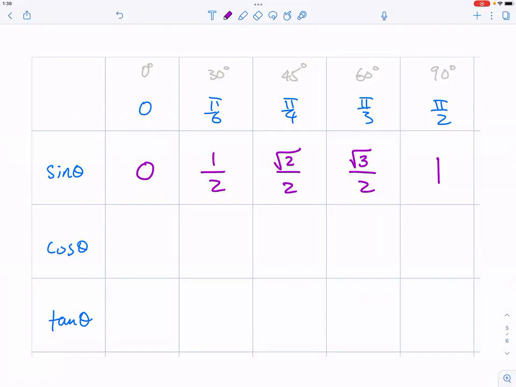So my point here is this. If we are memorizing something, I want to make sure that you memorize the least amount of things and still produce the most accurate results. And if you get the first row done, the second row is also done, because it starts from 1 and then goes to 0.